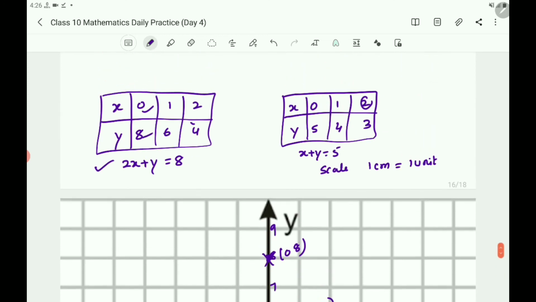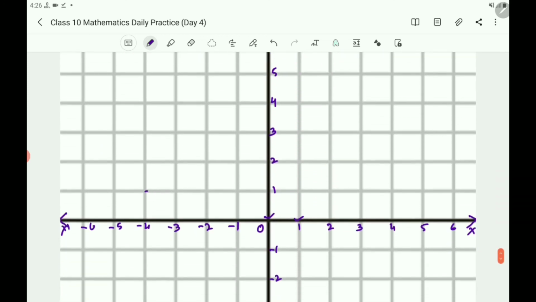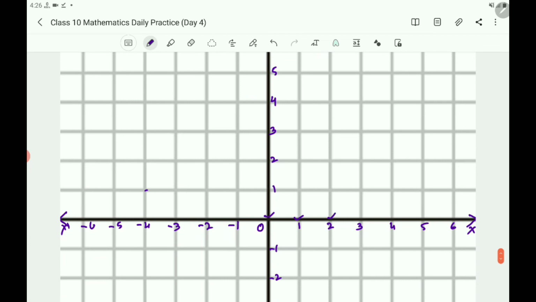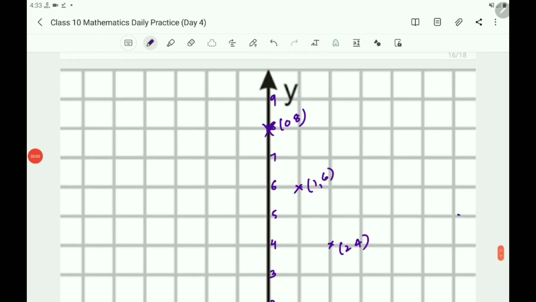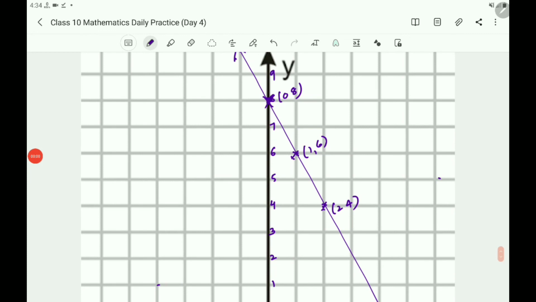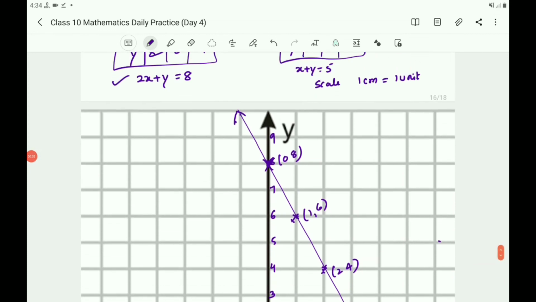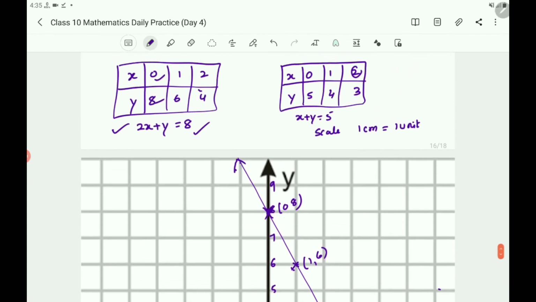Then you take 2, 4. This is 2, 4. And you join the points 0, 8, 1, 6 and 2, 4. Now you got the straight line for the first linear equation.